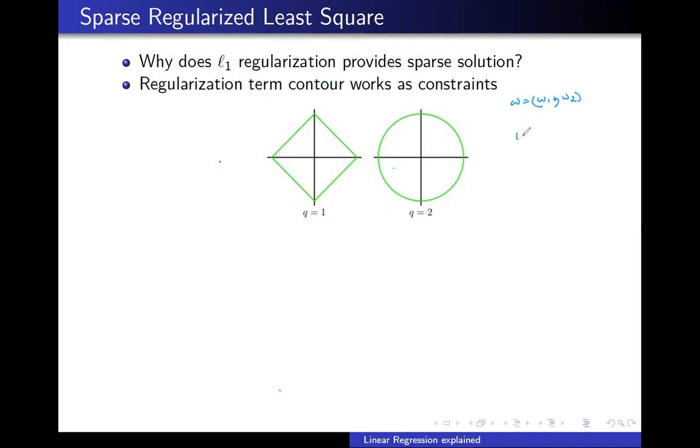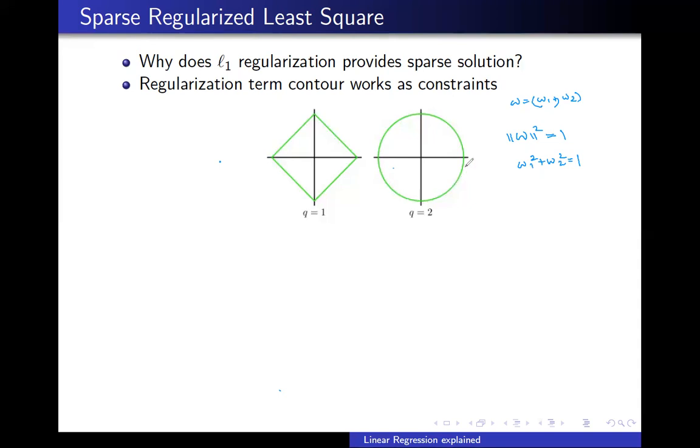So what does this mean? This is nothing but W1 squared plus W2 squared equal to 1. This is the equation of a circle.